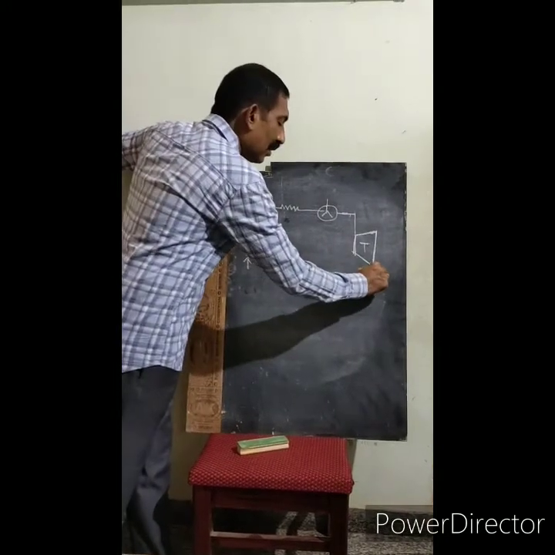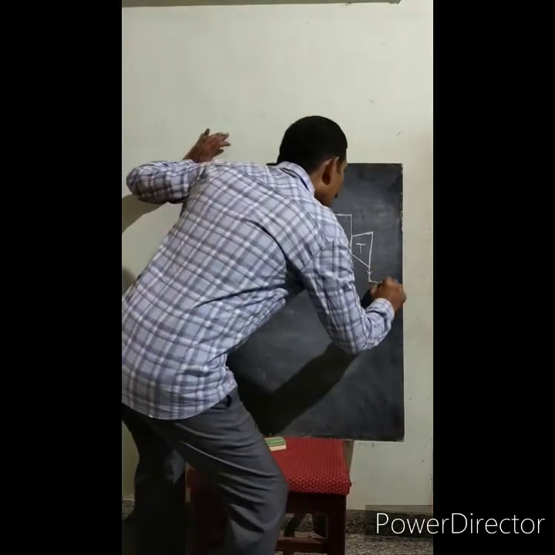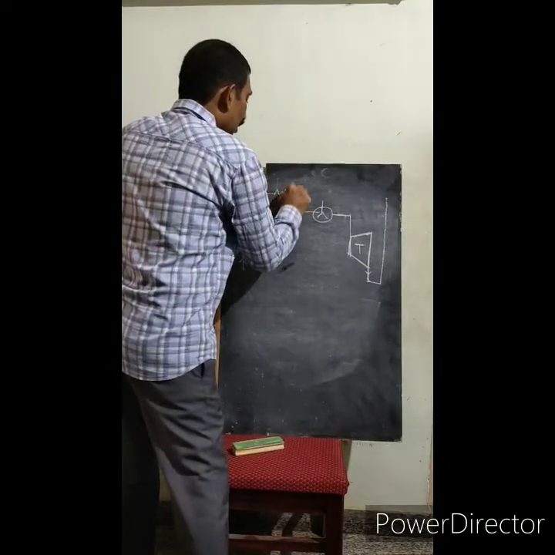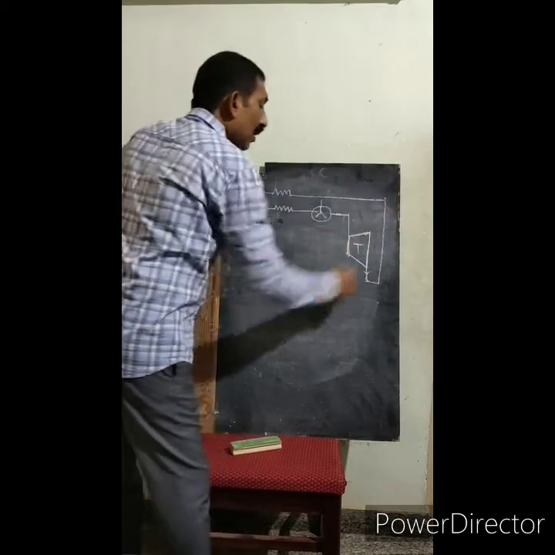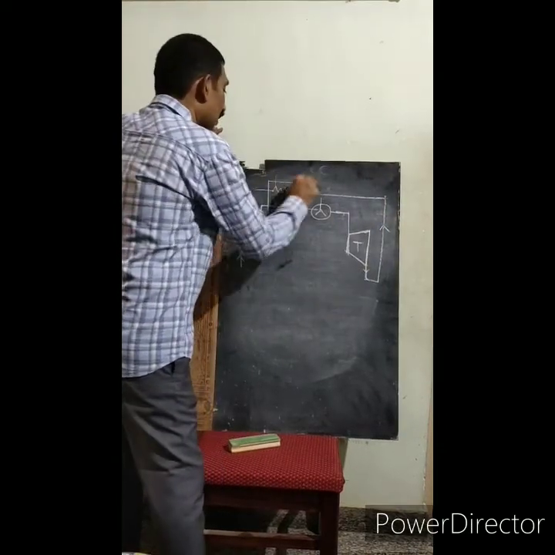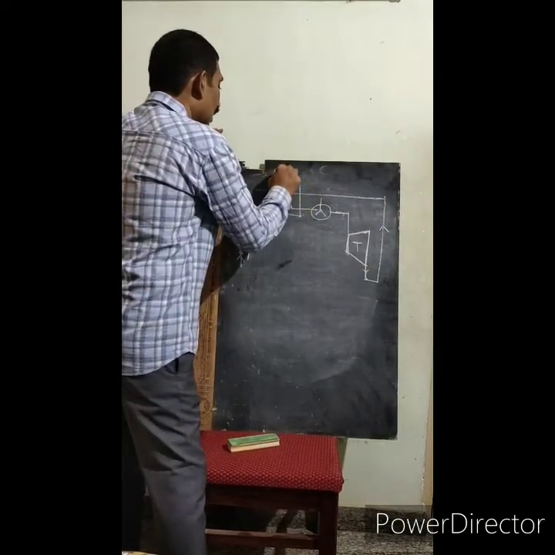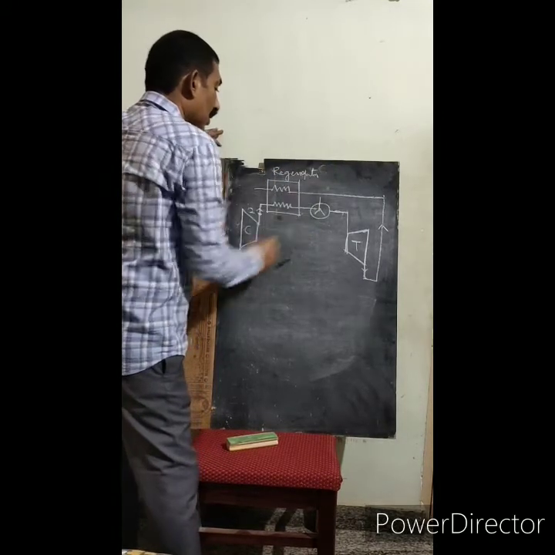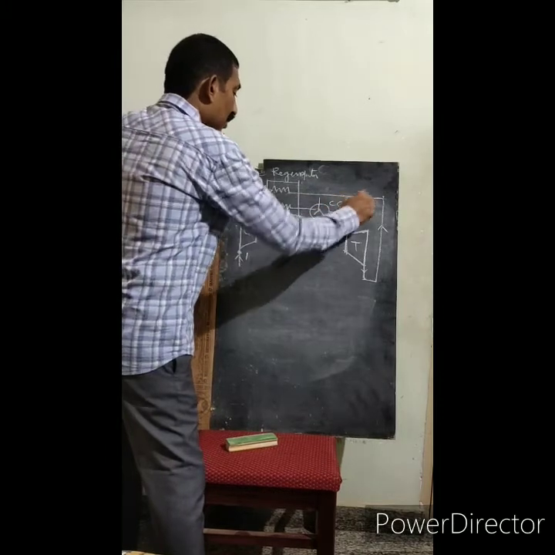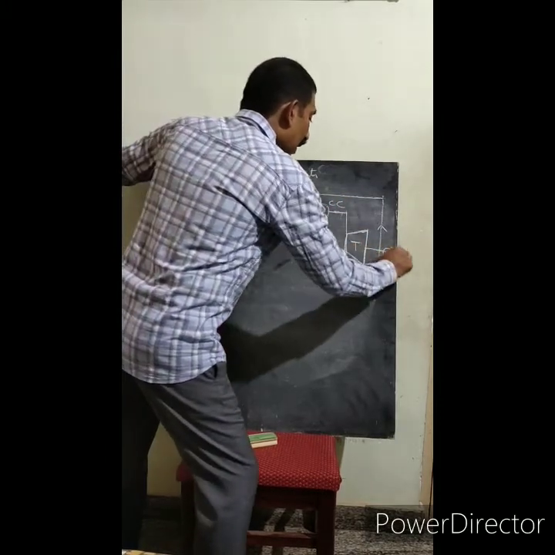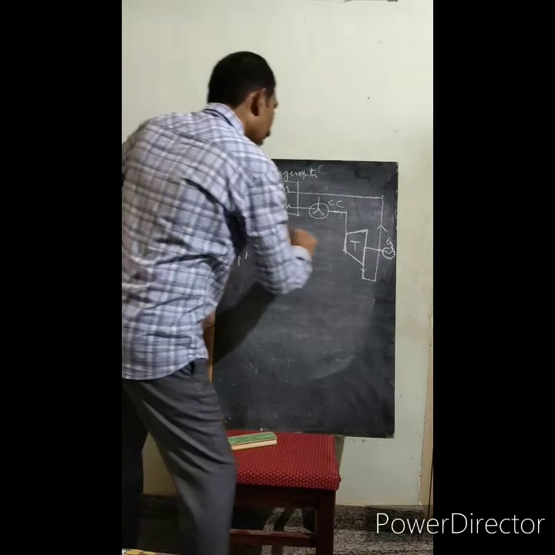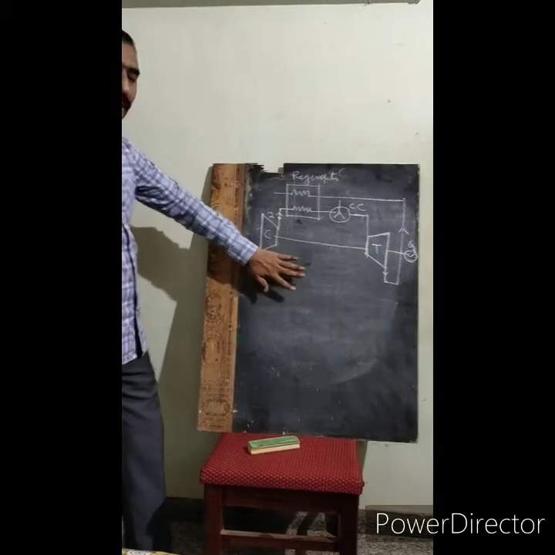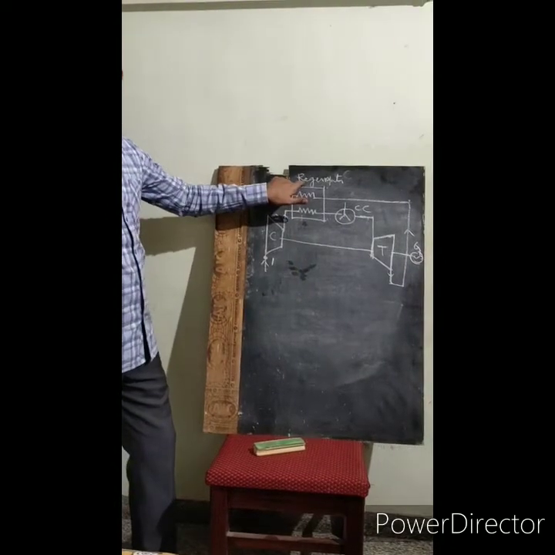After expansion, these gases are taken back to the regenerator. So this is called the regenerator, and this is the combustion chamber. This is the turbine and this is the generator. The turbine and the compressor are coupled. This is the simple Brayton cycle with the regenerator.